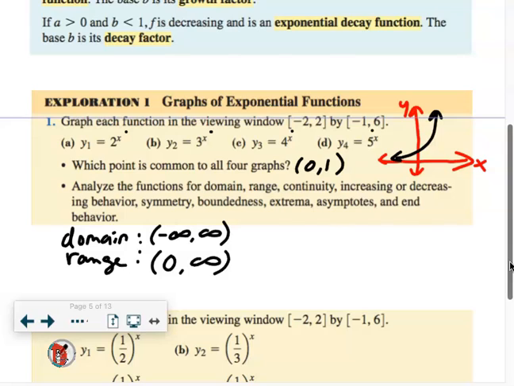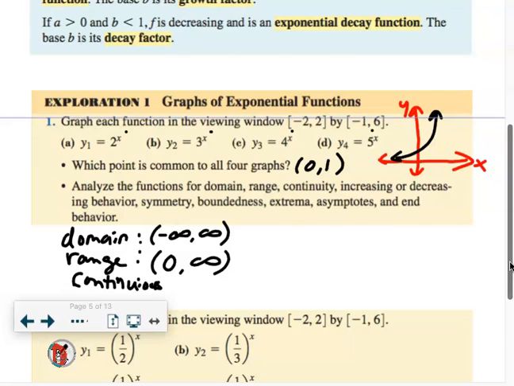Continuity, yeah, this graph is continuous. Oops, spelling of continuous. C-O-N-T-I-N, missed an O. There we go. All right, next up was increasing or decreasing.